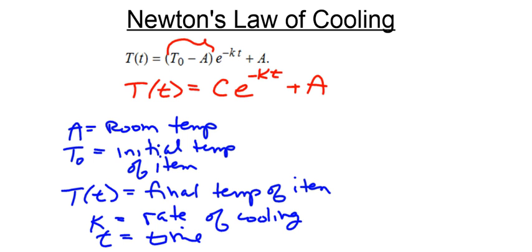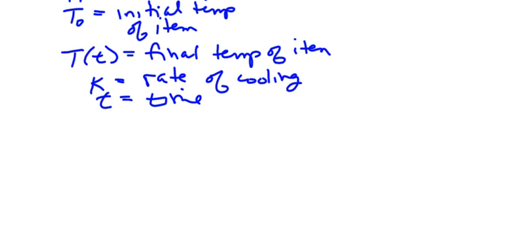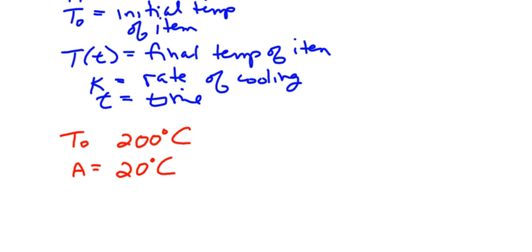So I want to go ahead and just try one example, and then you can do a couple of the homework problems from the textbook. What we have here is a bowl that was removed from a pottery kiln. When it was removed, the item was 200 degrees Celsius, and then it's placed on a rack in a room with an ambient temperature of 20 degrees Celsius. So our ambient temperature, our T naught.